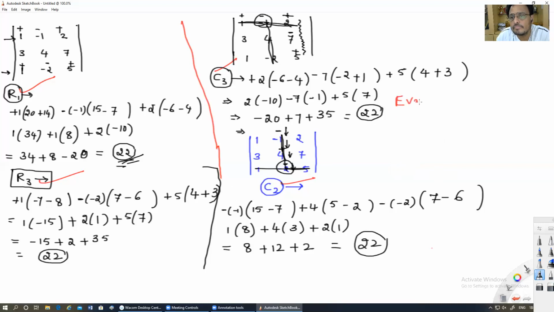Evaluate -2, -3, 4, -1. I'll put a lot of minus signs. -2, 3, and 5, -4, and 1.